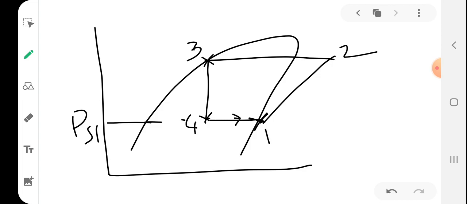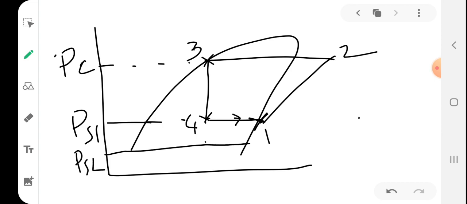This is the condenser pressure PC. I am decreasing the suction pressure to a lower pressure. This is PS2. So PS2 is less than PS1. Now this will be the inlet of the evaporator, and this will be the inlet of the compressor.